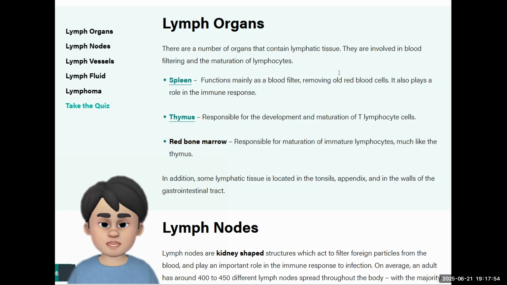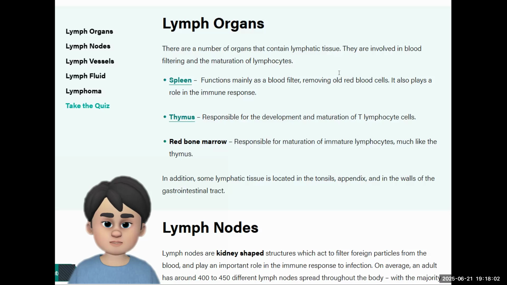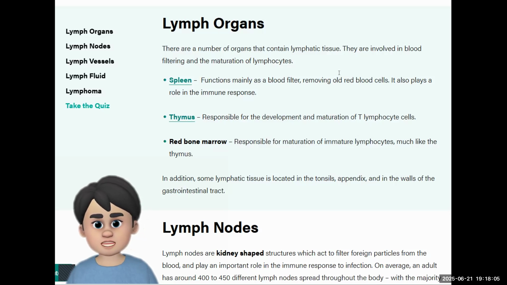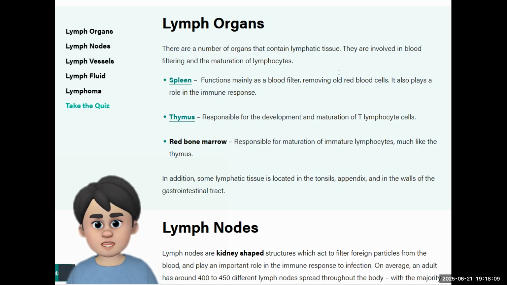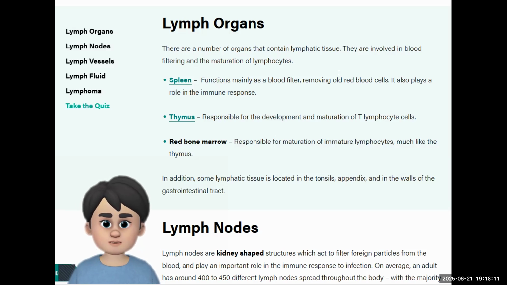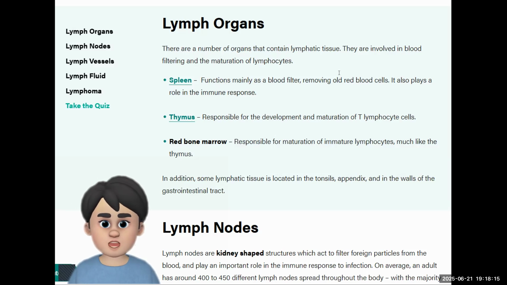It also plays a role in immune response. Thymus is responsible for the development and maturation of T lymphocytes. Red bone marrow is responsible for maturation of immature lymphocytes, much like the thymus. In addition, some lymphocyte tissue is located in the tonsils, appendix, and in the walls of the gastrointestinal tract, right?